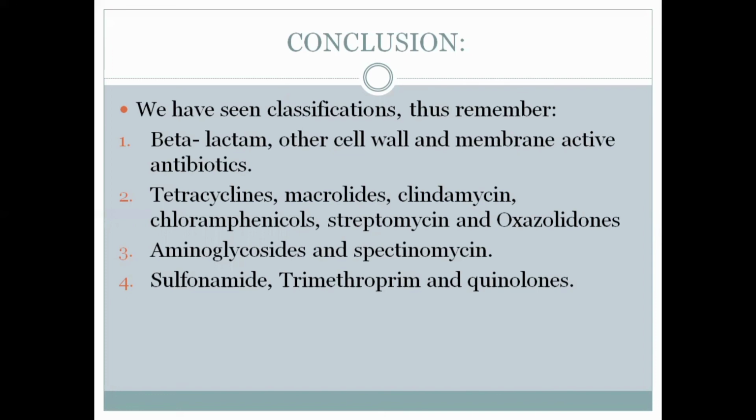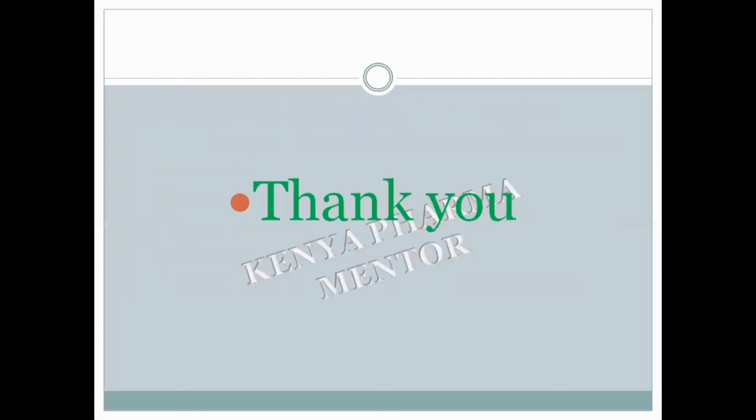As I began, I said that it is important, first of all, to classify these drugs. Once you've classified them, it will be simpler to go ahead and study their mechanism of action, and you will be in a position to handle them, because you are covering them in a broader approach.